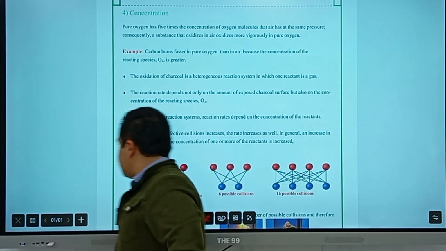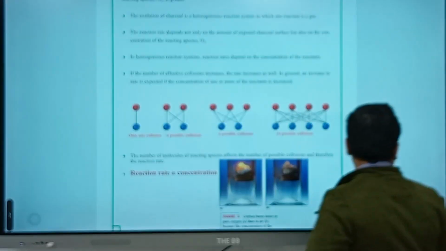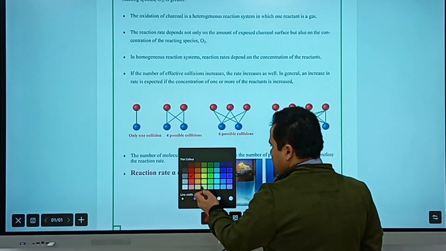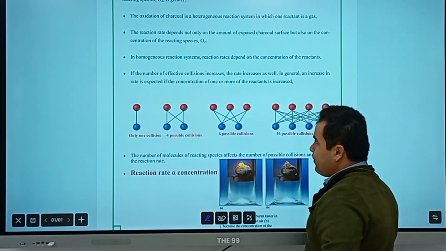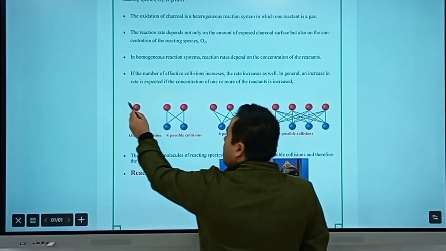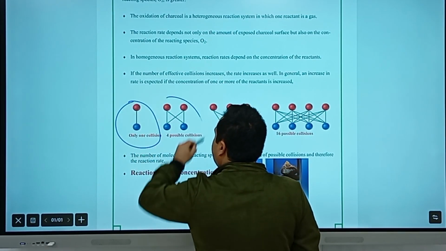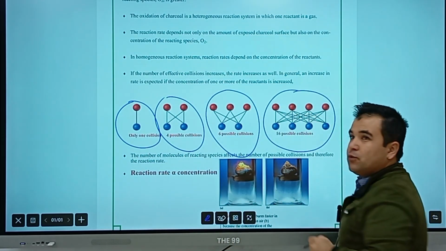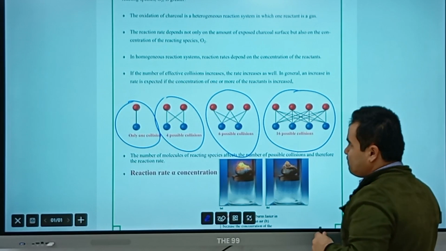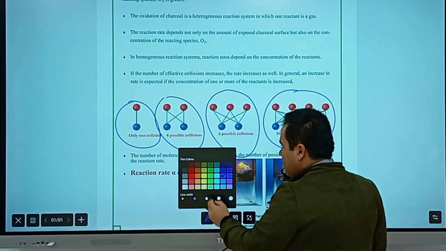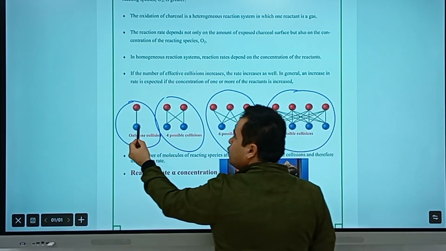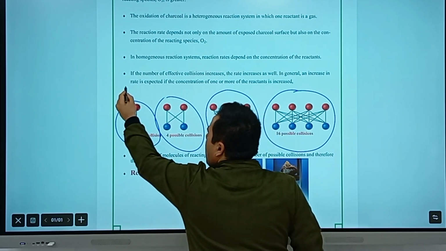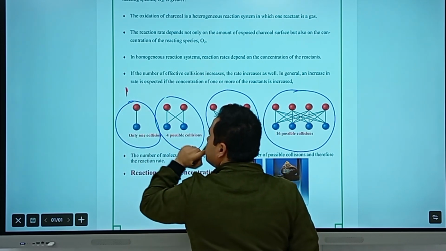The fourth one, guys, which is concentration. Simply I can present the concentration here in these models, which are presented in our book. We have 4 different systems or 4 different reactions, collisions, guys. In the first one, with 2 atoms, there will be 1 possible collision.